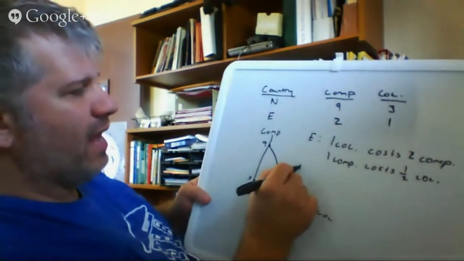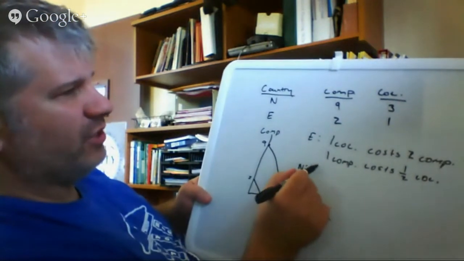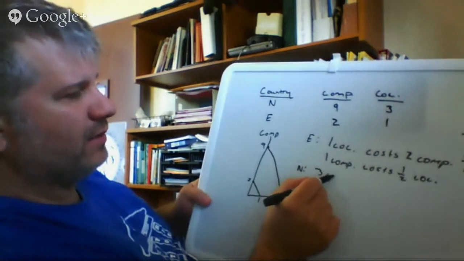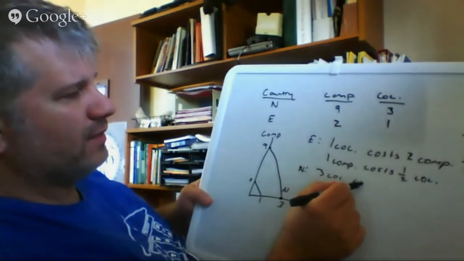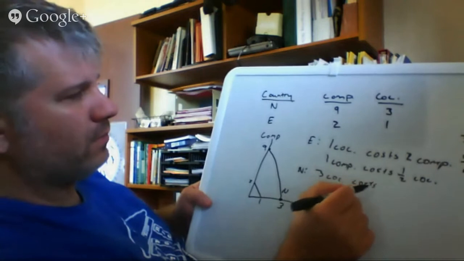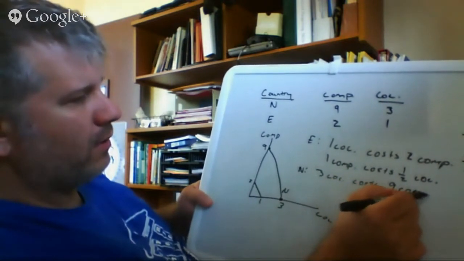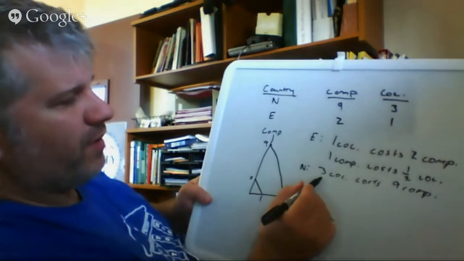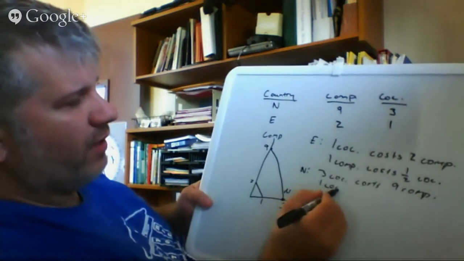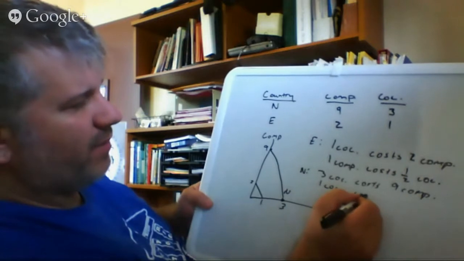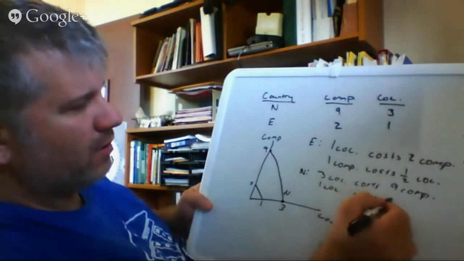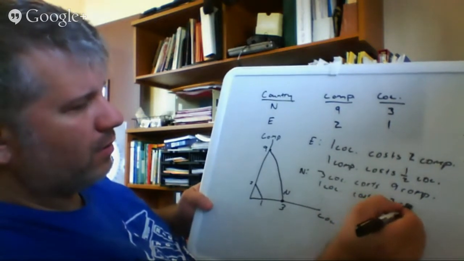For country N, we start with the relationship that 3 coconuts cost 9 computers. This simplifies to 1 coconut. For every 1 coconut, it's going to cost how many computers? 3.